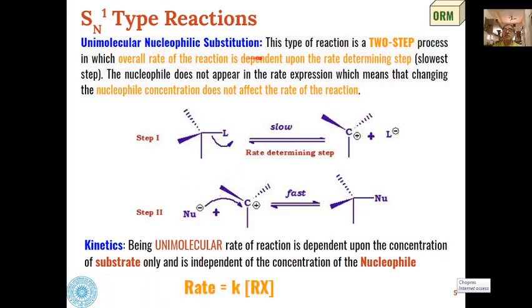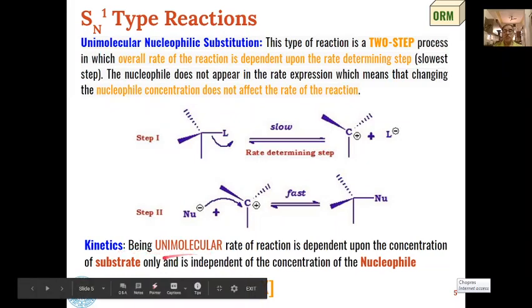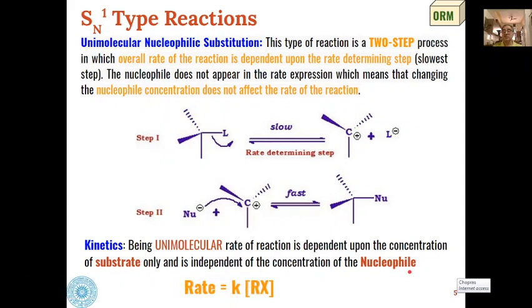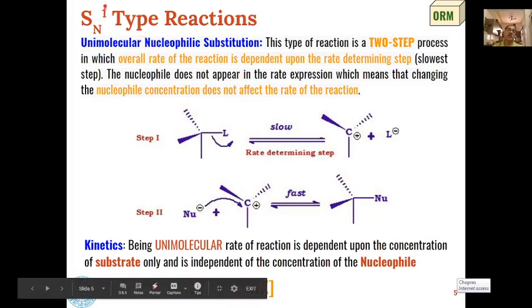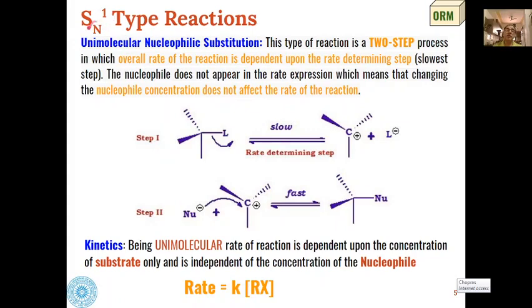So that is why these types of reactions are called unimolecular reactions, because the rate of the reaction is dependent on the concentration of only one of the reactants. So the kinetics, being unimolecular, the rate of the reaction is dependent upon the concentration of the substrate only and is independent of the concentration of the nucleophile. That is why these SN1 type of reactions are called unimolecular nucleophilic substitution reactions.